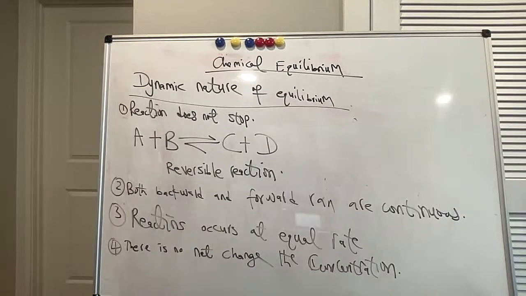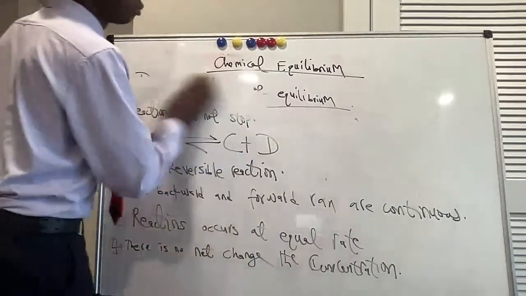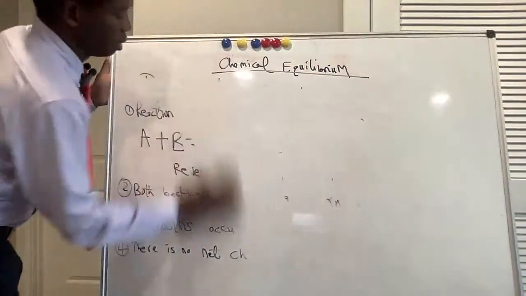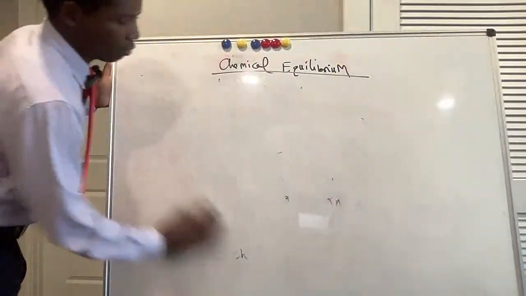So now let's look at types of equilibrium. Let's proceed to look at types of what?